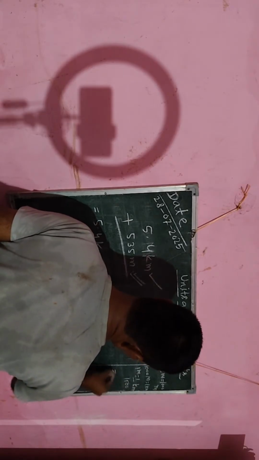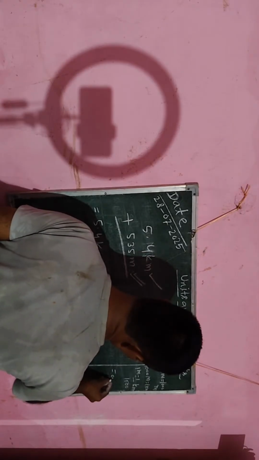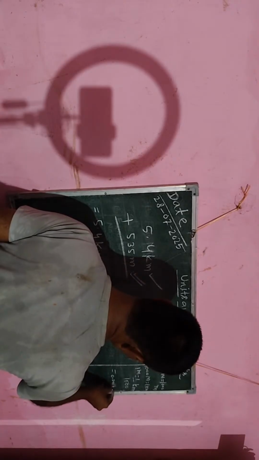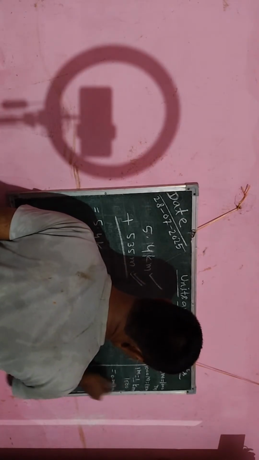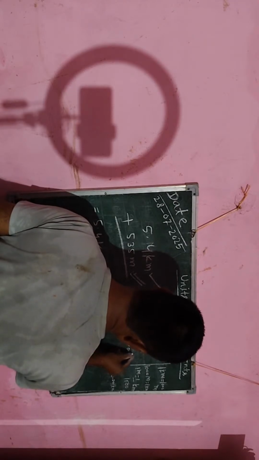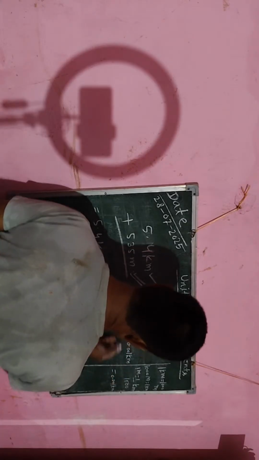After dividing, 1 divided by 1000 will be 0.001 kilometer. So in place of 1 meter I can write this, 0.001 kilometer.